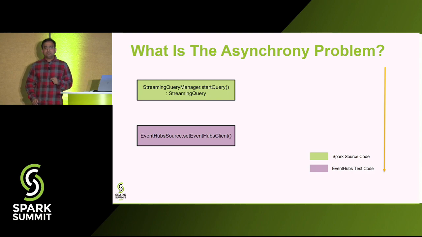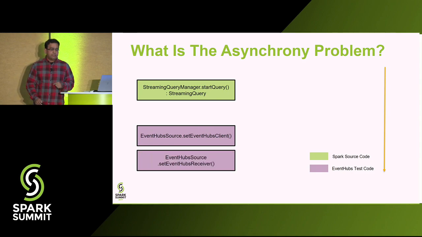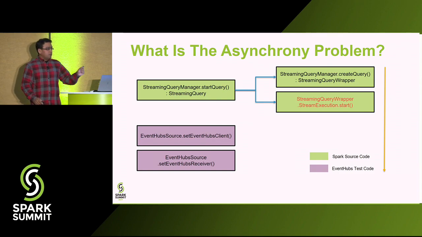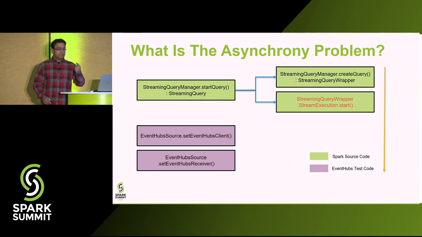Only after the source is loaded can we set the EventHubs client, which is the REST client, and the EventHubs receiver, which is the AMQP client. So what we found is, inside the start query, the Spark code calls create query. Only after the create query, of course, is the source available.